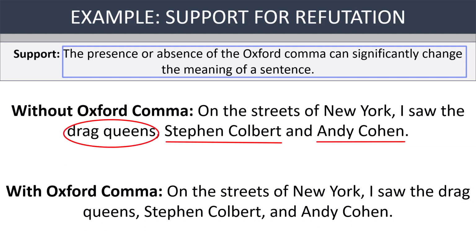Now, in the revised version of the sentence with the Oxford comma, it is clear to the reader that when I was in New York, I saw three distinct groups of people. Group 1 included the drag queens, Group 2 included Stephen Colbert, and Group 3 included Andy Cohen. Therefore, the Oxford comma created clarity in the sentence.